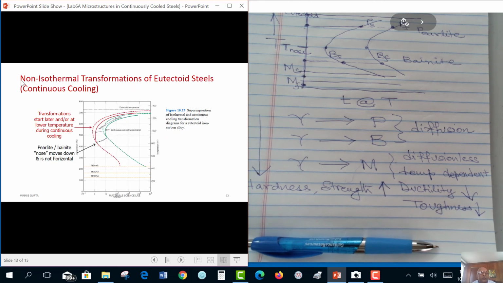Okay, so suppose instead of quenching and holding at a temperature, we do continuous cooling. That means temperature keeps dropping as time goes along. In that case, the C curve shifts slightly down and to the right.